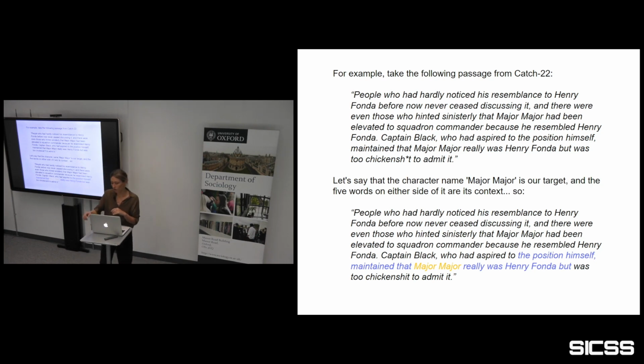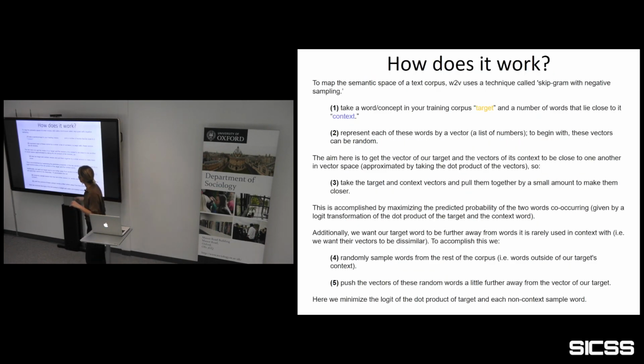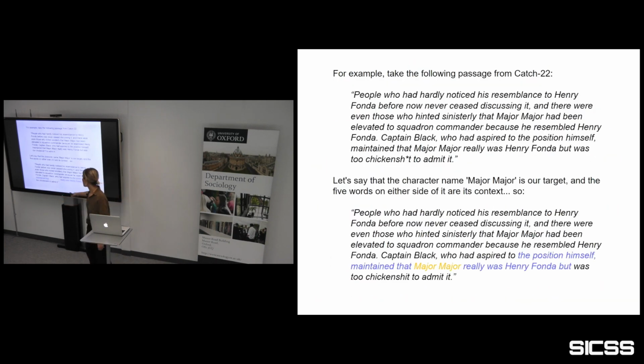I mentioned the dot product of the vectors; this is how it decides closer and further away. It will take that vector and the vectors for all of these other words around it and bring them closer together, then take a random sample from all of these other words and push them further away in space. And then it'll move on to the next word, "really", and do the same thing.